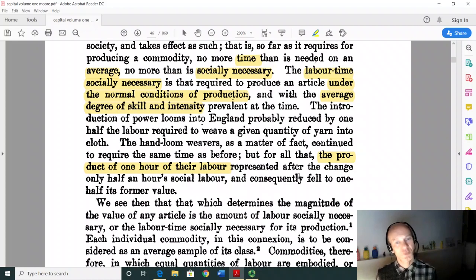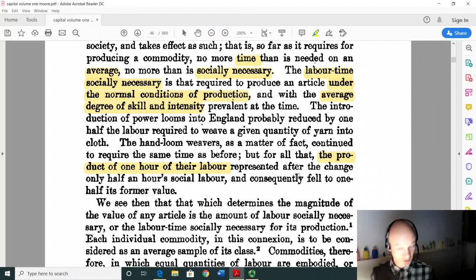represented only half an hour of social labor, because the average time that is needed to make that amount of cloth has dramatically fallen, because some people have these extremely efficient machines, and obviously they produce much more.